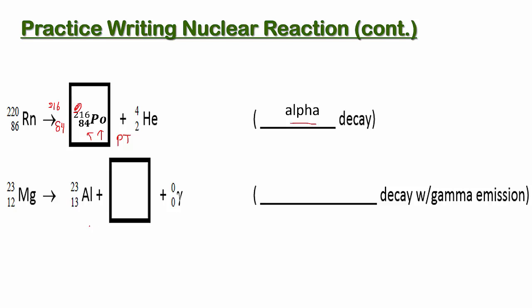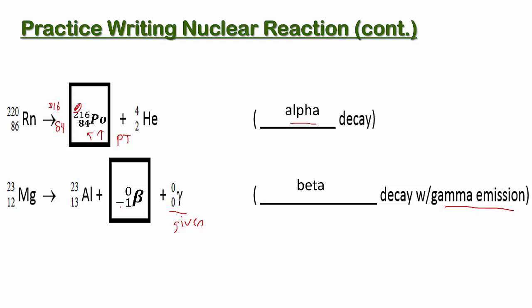Now for this last example, we're starting out with magnesium, and magnesium is turning into aluminum, and it's also already just given to us that we have gamma radiation. So to go from magnesium to aluminum, we went from element 12 to element 13. So what plus 13 gets us to 12? It's that negative 1. So when we're looking at negative 1, 23 to 23 is 0.